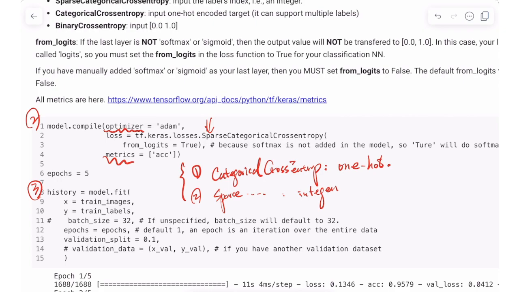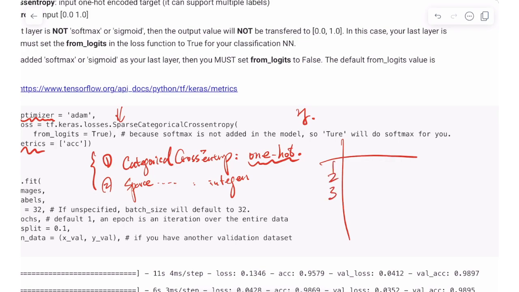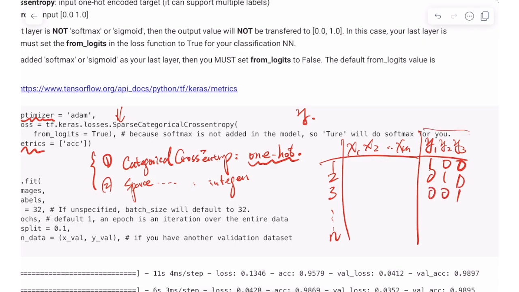For categorical cross entropy, the y should be one-hot. That means if you use a certain data set and you like to use categorical cross entropy, your y should be something like this, and you have to input all the one-hot matrix to that categorical cross entropy.